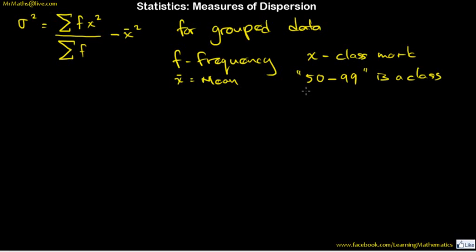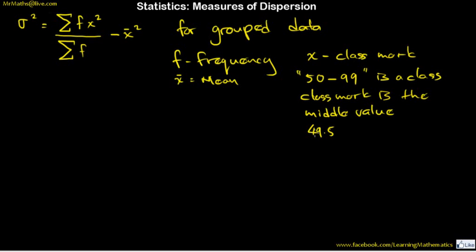Then the class mark is actually the middle value. So what is the middle value for this? Let's take a look at this. For 50 to 99, it's actually written as 49.5.